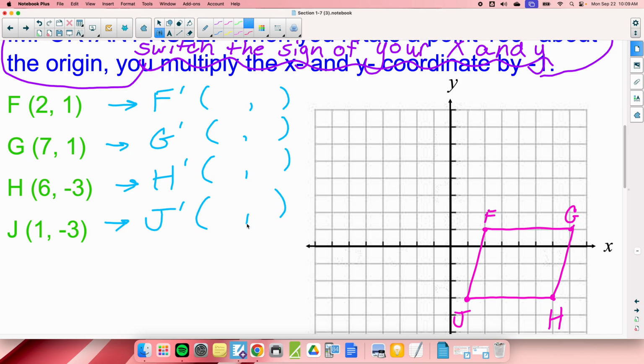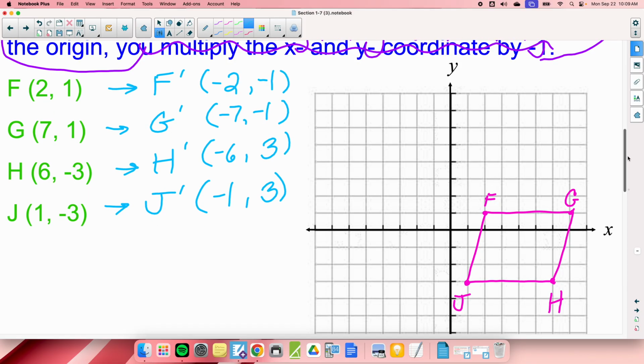So if F is 2, 1, the new one's gonna become -2, -1. Switch both signs. G is gonna be -7, -1. H, 6 is gonna become -6, -3 is gonna become +3. 1 is gonna become -1, and -3 becomes +3.